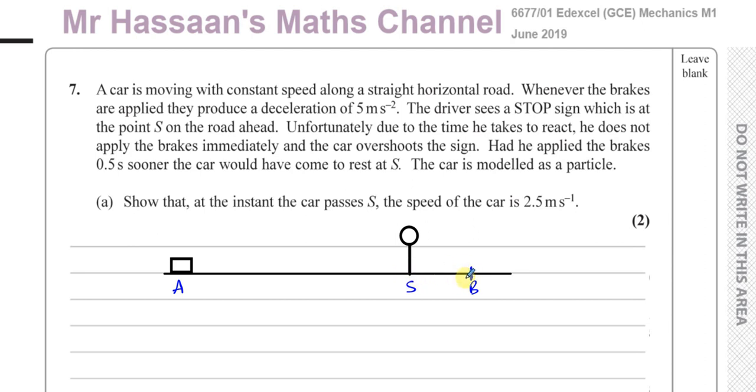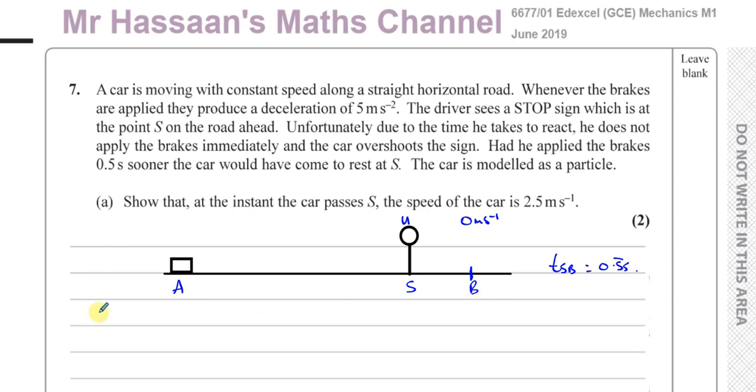So what we can say here is that the speed here is 0 meters per second. The speed here is what we have to find. Let's call it U for now. And we know that the time between these two is basically 0.5 seconds. So the time between S and B is 0.5 seconds.